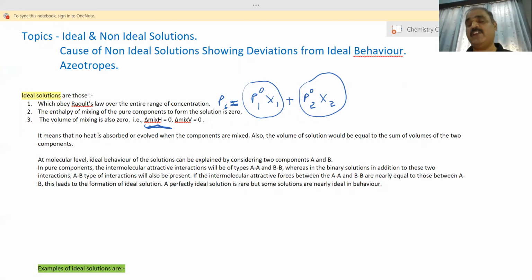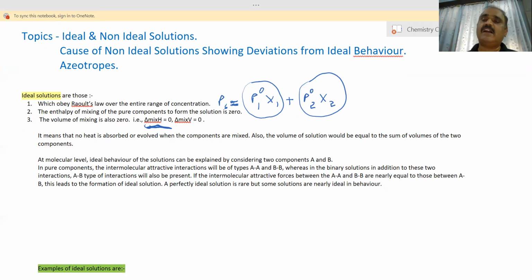Whenever a chemical process or physical process is carried out, some energy change, some enthalpy change takes place. If enthalpy change is negative, that means process is exothermic, heat is given out, and vice versa.